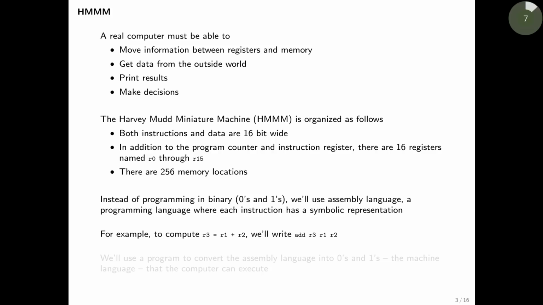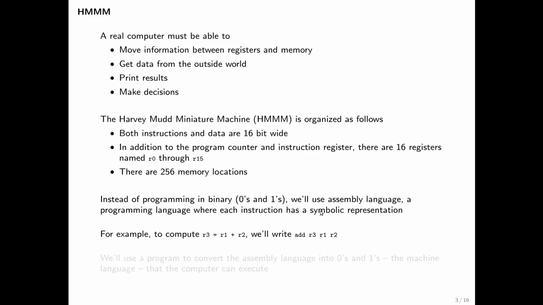For example, let's say we want to take the values in registers R1 and R2 and store the result of their sum in the register R3, meaning we want to calculate something like R3 equals R1 plus R2. So we would express that computation by writing something like add R3, R1, R2, which means we want to add the values in registers R1 and R2 and store the result in the register R3.